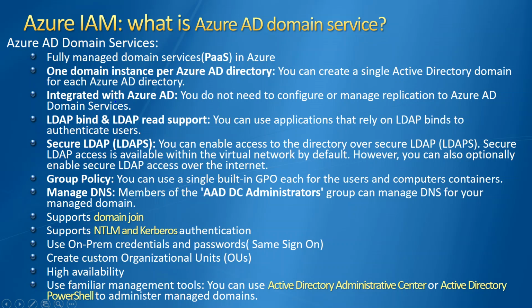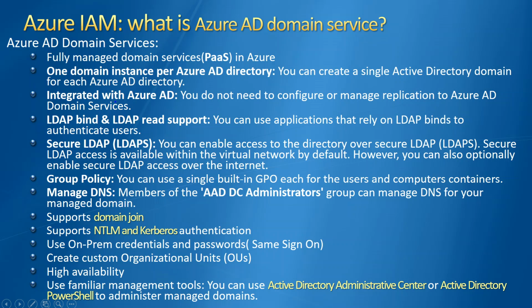Now, if you're working for an organization where you don't have staff to maintain a full-fledged Active Directory domain server, yet you want legacy applications that require Kerberos or NTLM authentication, or you want your end users to log in with Kerberos and NTLM, you probably don't want to maintain a server. You don't want to put in your own infrastructure as a service VM and then a domain controller on top of it. So what Microsoft offers you is Azure AD Domain Services, a fully managed platform as a service offering.